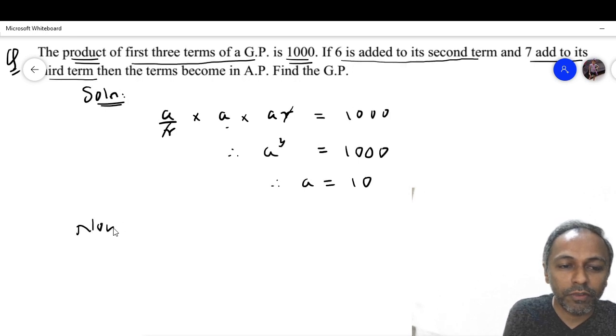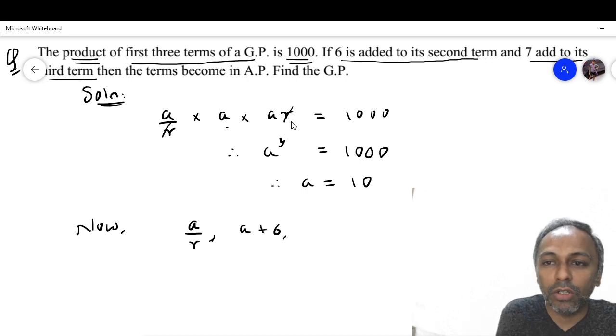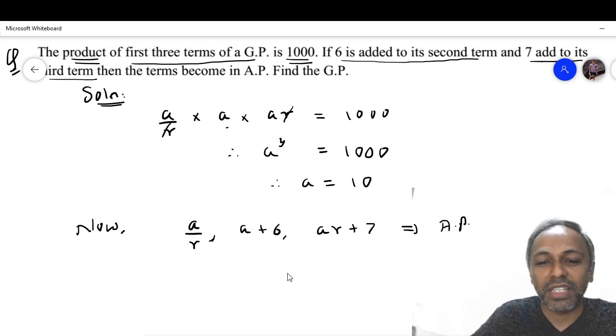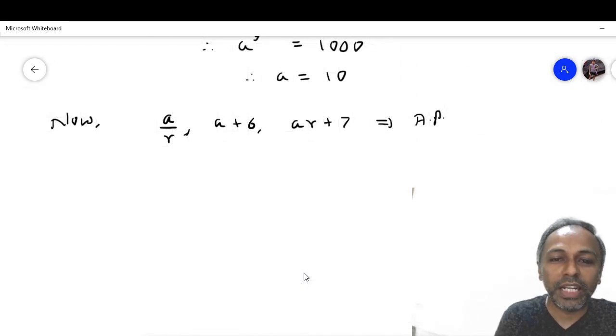Now first let's keep the first term as it is, A upon R, comma, in the second term you are going to add 6, so it will become A plus 6, and in the third term you are adding 7, so AR plus 7, and now this is an AP. The funda of AP is that common differences are equal.